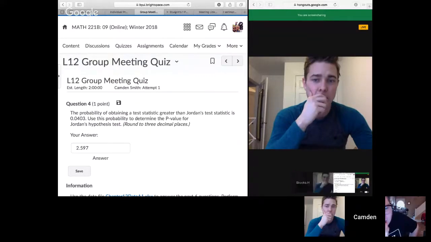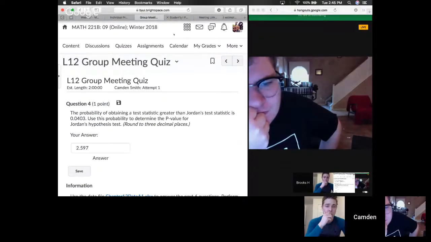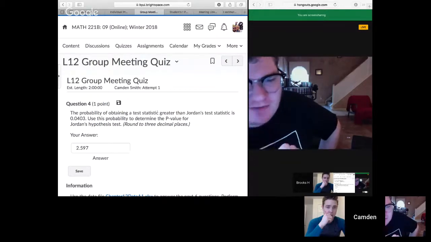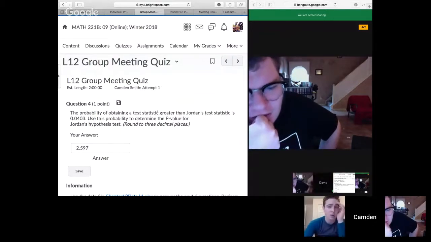I feel like that probability of obtaining a statistic greater is the key here, but I'm trying to figure out what that means. Because I feel like it's not the probability actually. Because if we're trying to determine the p-value of his test, we need to put in 2. 2 needs to go in somewhere.